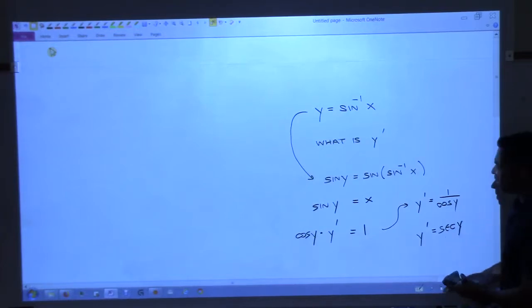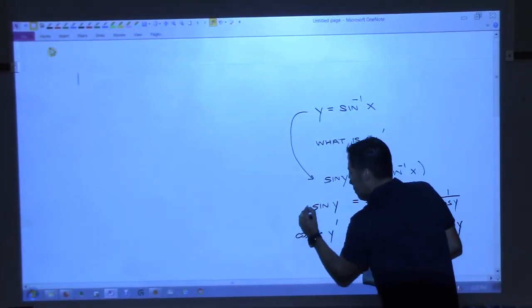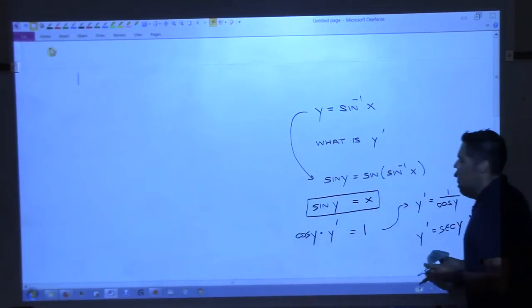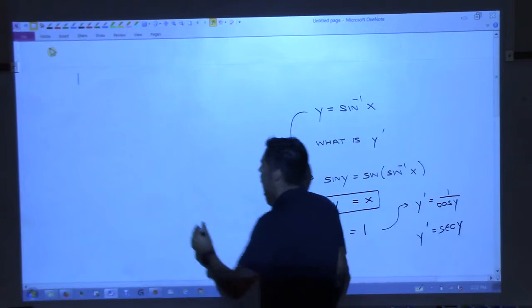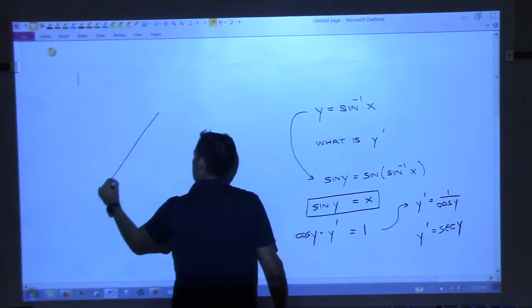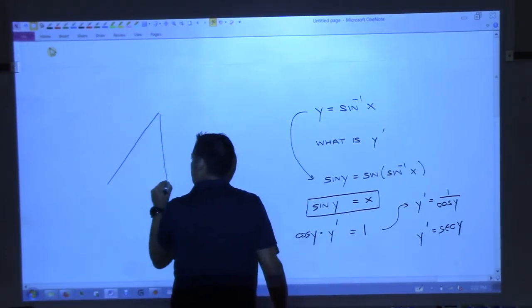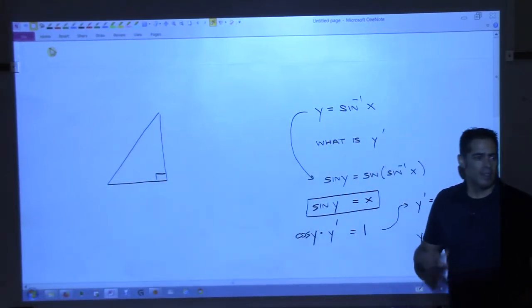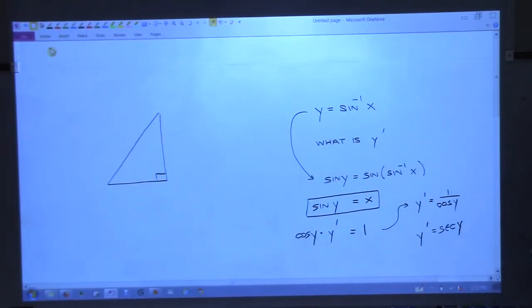So now what I do is I go back and take a look at this equation right here. See that equation? All right. I'm going to think back to pre-cal and what the definition of sine was on a right triangle. Sine, by definition, is opposite over hypotenuse, isn't it?